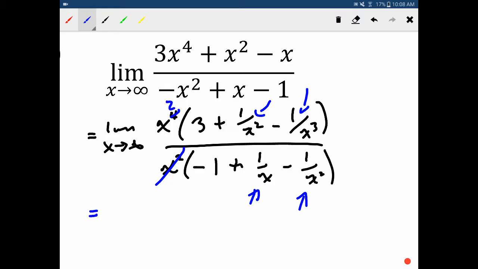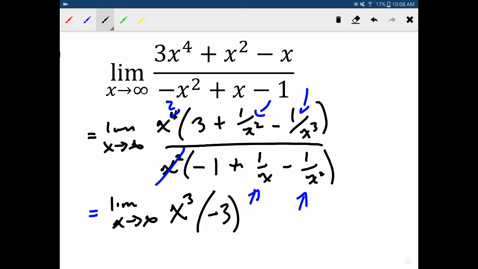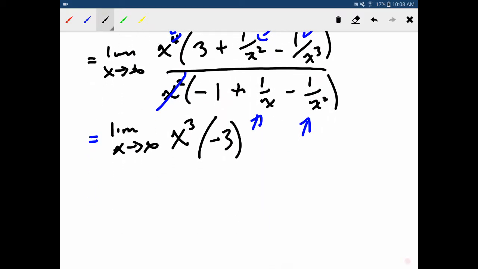So basically what we're left with, I keep switching to blue by accident, is x squared times negative 3. Okay. So, what is that?